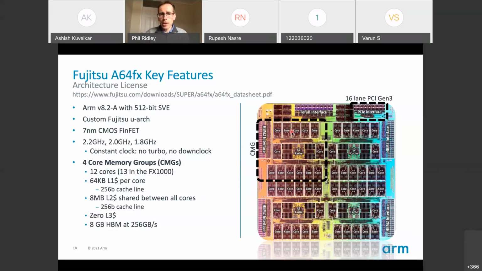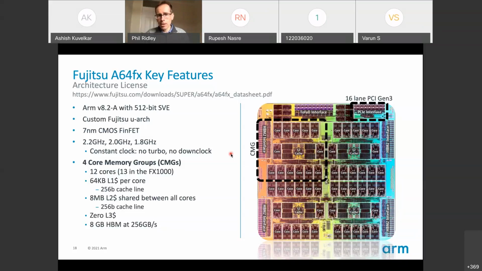But it's an extremely powerful CPU, and it's available as FX1000 or FX700. This is single socket, by the way. The FX700 has 48 cores per socket, so you've got 12 cores within each of these core memory groups.